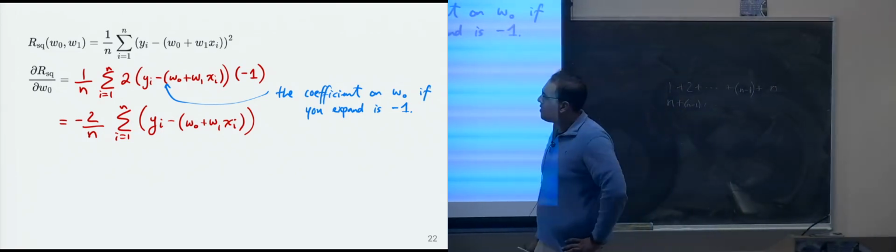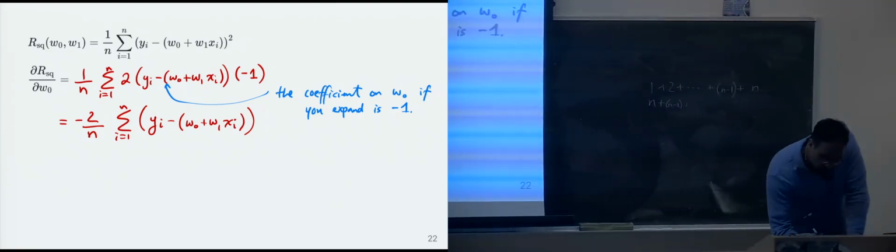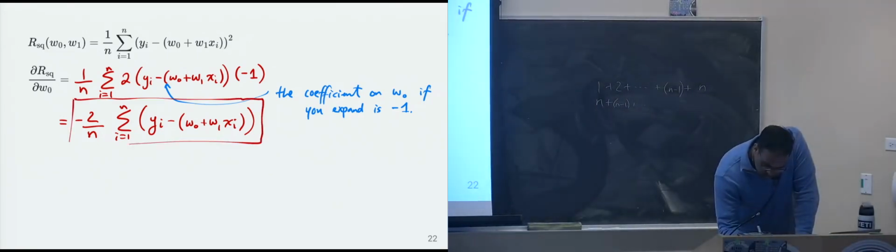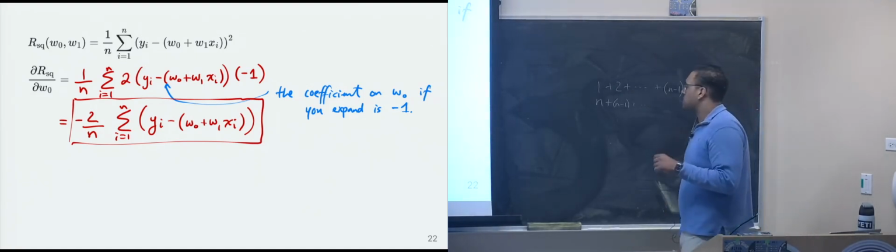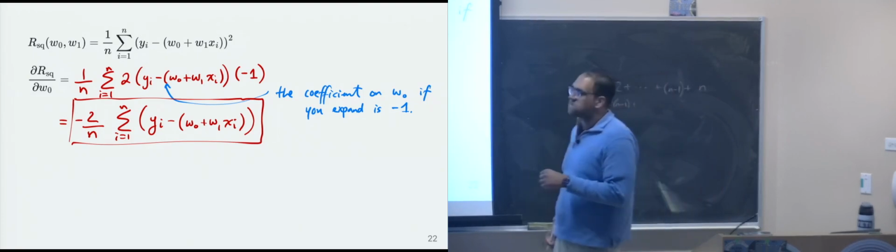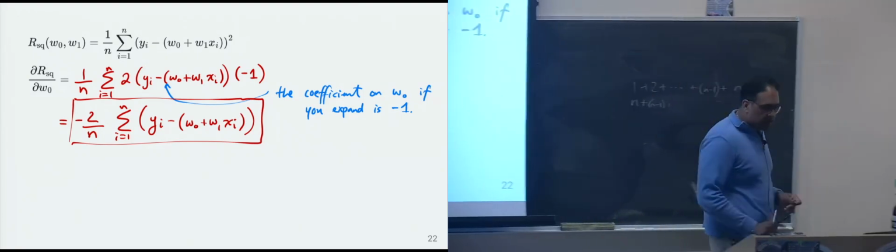Sound okay? That is the partial derivative of our mean squared error with respect to w naught. Okay? That's just half of the puzzle.